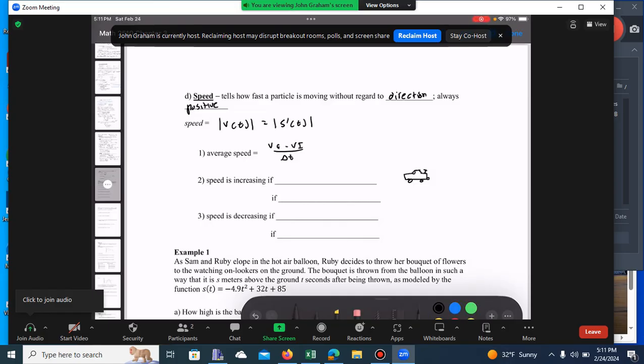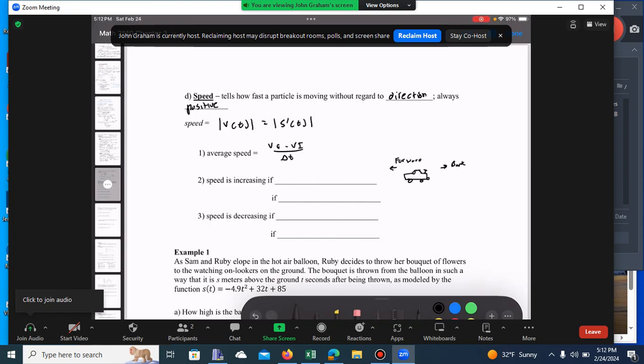So, forwards, and this way is backwards.